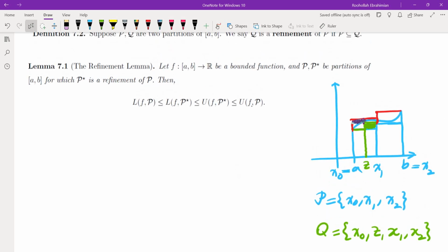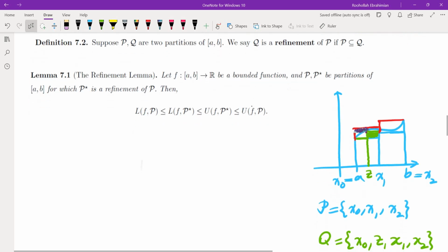And it makes sense. If you're adding more points, you are going to get closer and closer to the curve, which means your lower sum becomes larger and the upper sum becomes smaller.